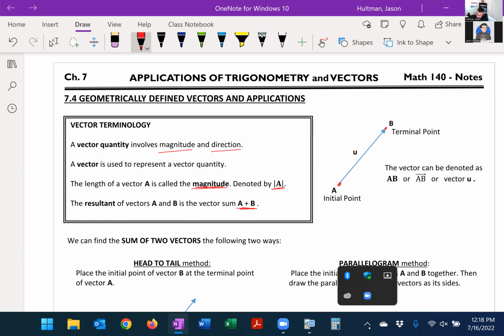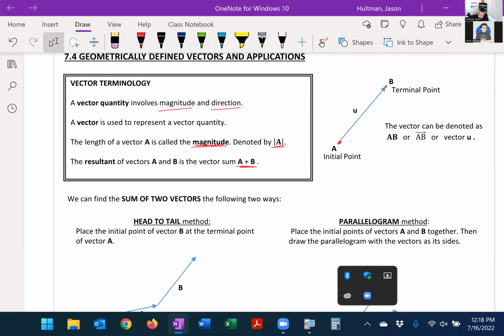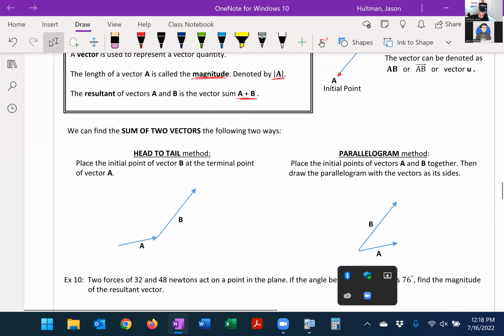Okay, the vector can be denoted as AB in bold, AB with a vector symbol above it, or we can just call it vector u with a lowercase letter that's bolded. Okay, we can define it by the points, or we can define it by just a lowercase letter.